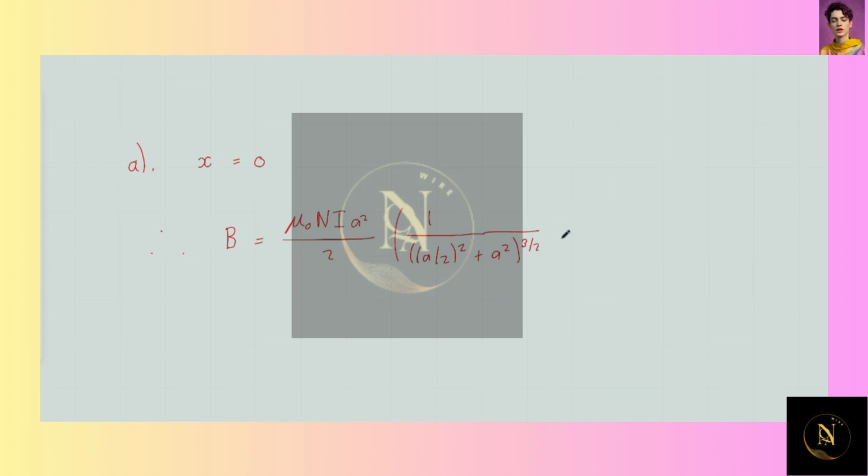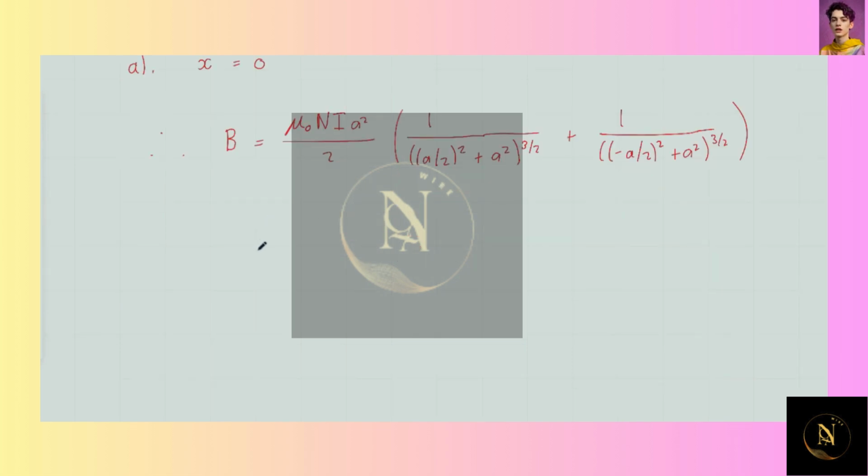Remember, x is 0 here at P. Plus 1 over (minus a over 2) all squared plus a squared to the power 3 over 2.